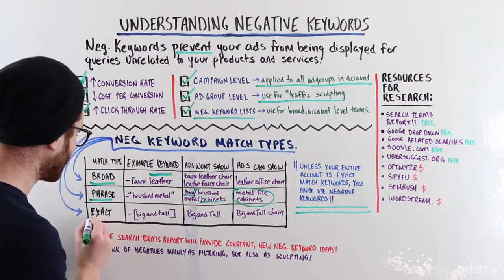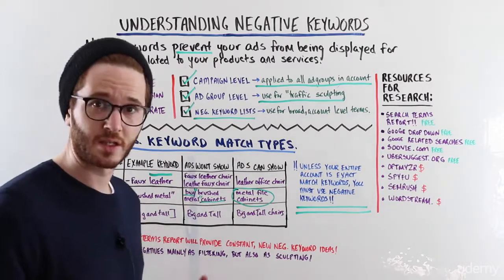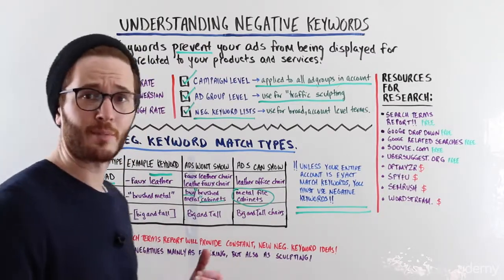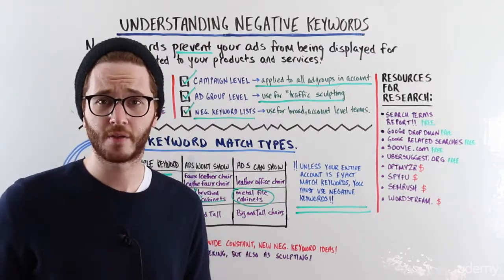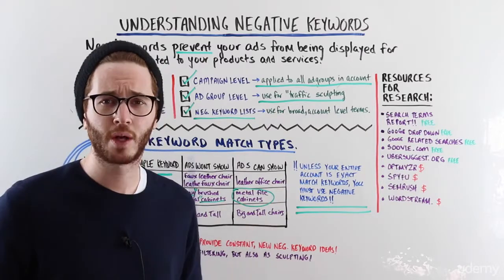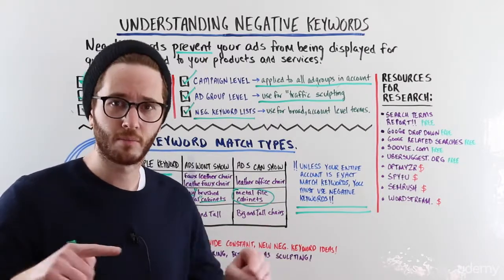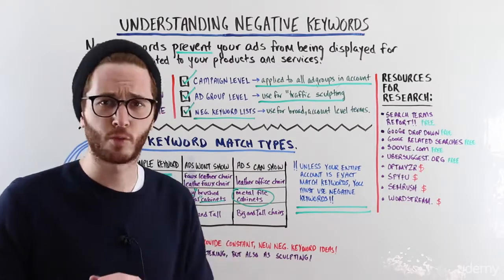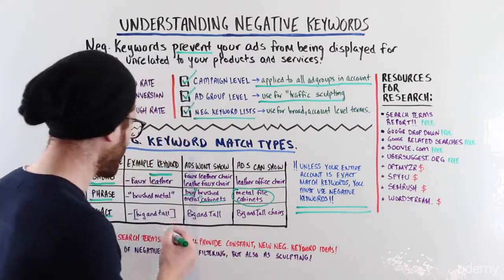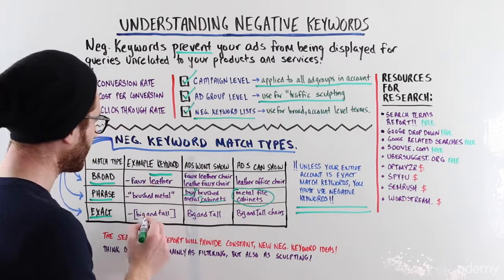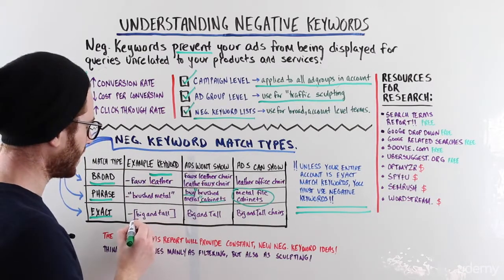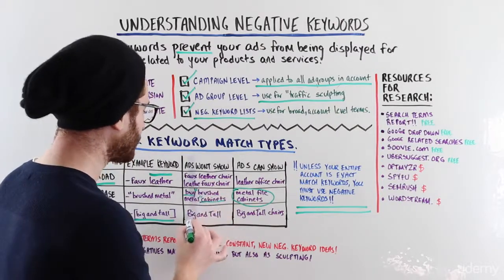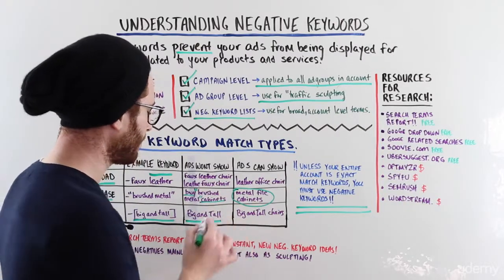And then lastly, we have exact match, which is the strictest type of negative keyword match type. Exact match negatives only stop an ad from showing if that exact phrase is the query, not if there are words after or before. So for example, if my negative exact match is big and tall, in brackets, because we know we use brackets for a negative exact match, my ads will not show only for the query big and tall.